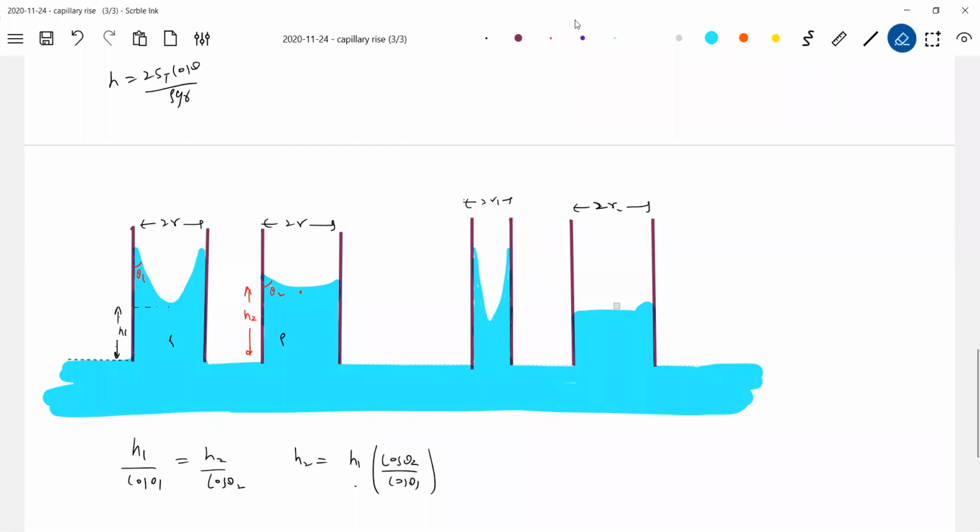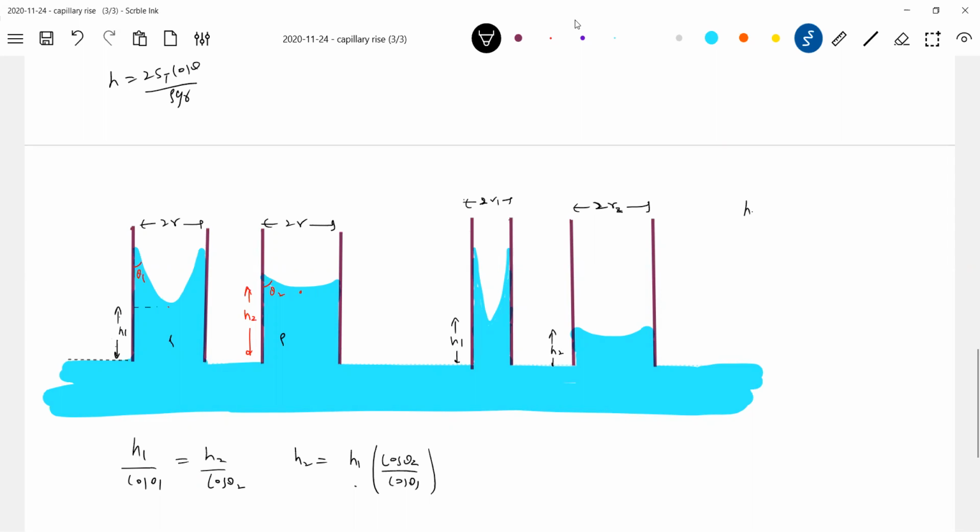Okay, some corrections I do. Next thing, look at the radius R1, R2. If this is H1, this will be H2, no?